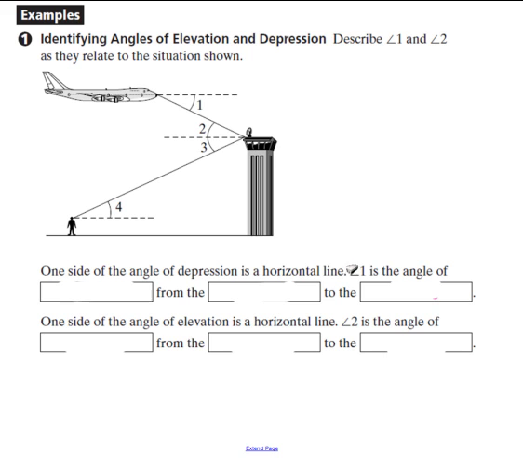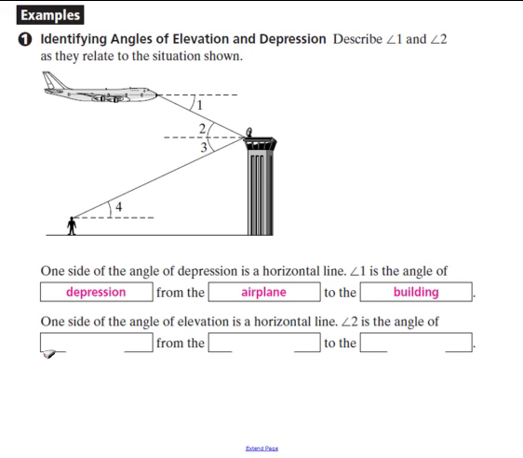So if we look at angle 1 here, starting from this horizontal line, this angle is measured below the horizontal line, so that would be the angle of depression. Now oftentimes they'll give additional descriptions, right? So angle of depression from the airplane to the building. So we're starting from the airplane and we're looking down at the building.